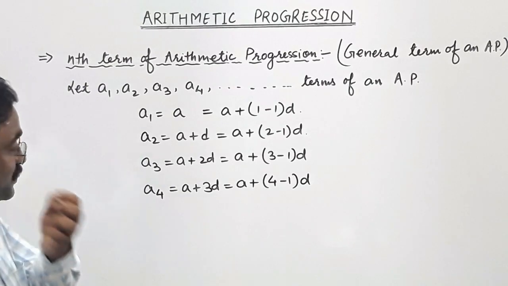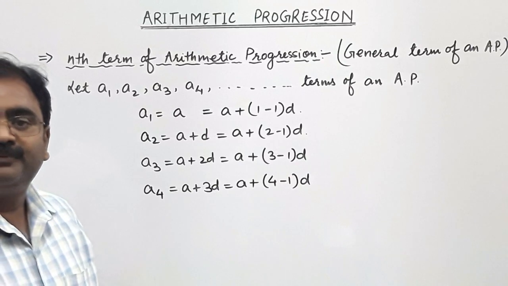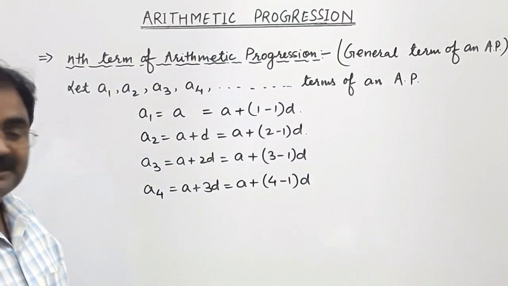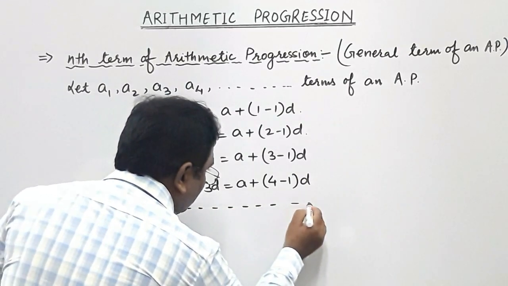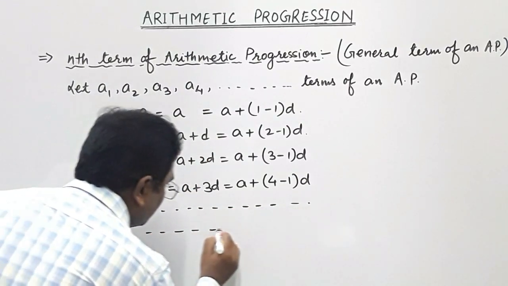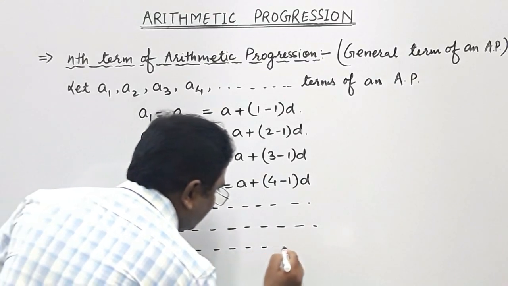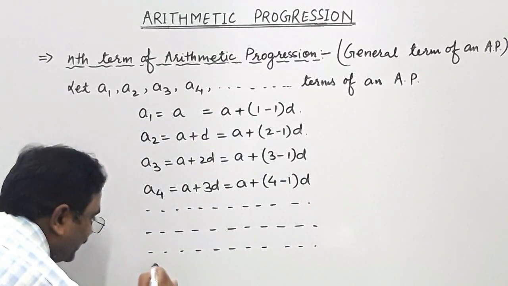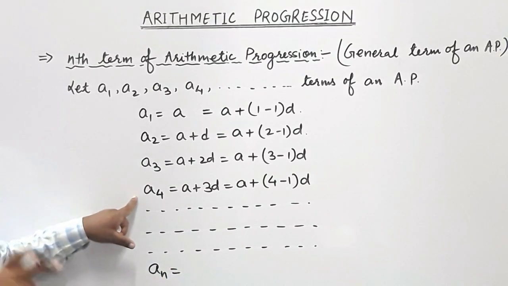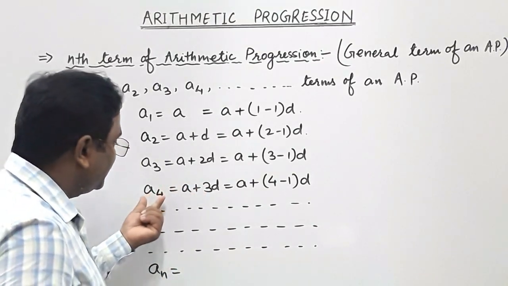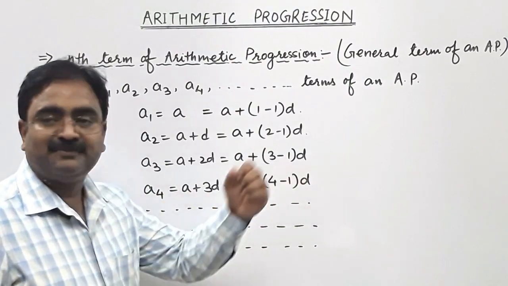So dear students, based on this series you can find the value of a5 also, a6 also, a7 also. So now we are going to write down the general term of this series, which is an, and an can be written as, बच्चों ये ध्यान रहे, if it is a4, it is written a plus 4 minus 1 into d.